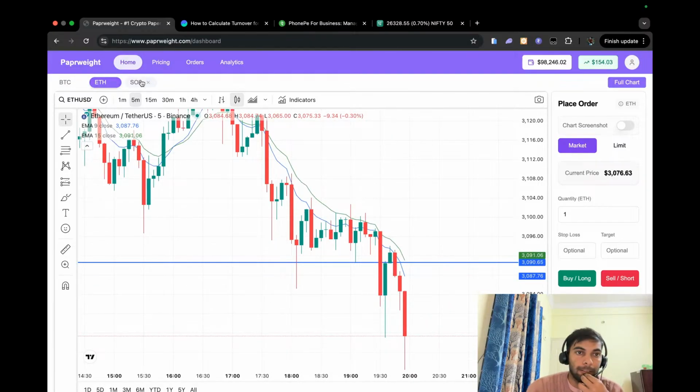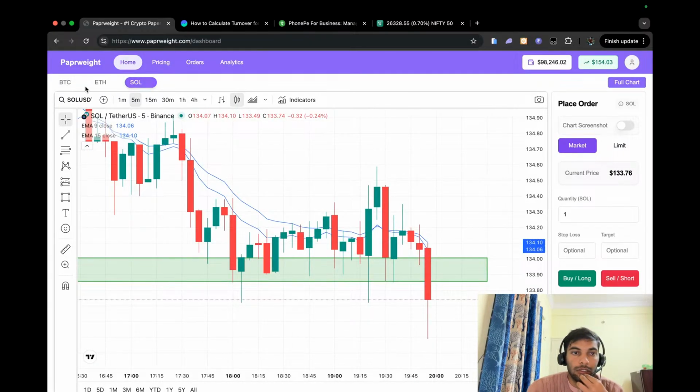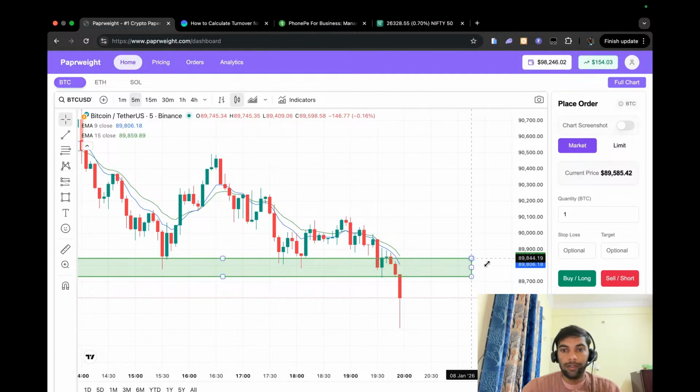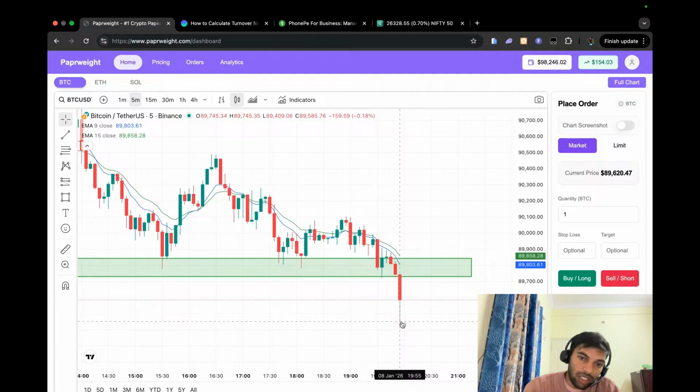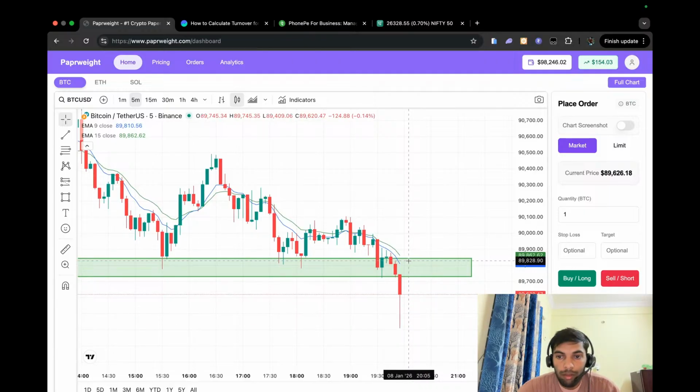Ethereum, Sol, BTC. And I just booked the profit, because if there is a sudden move in the downward direction, then it can reverse back too quickly as well. So I don't want our little bit of profit to go in vain.